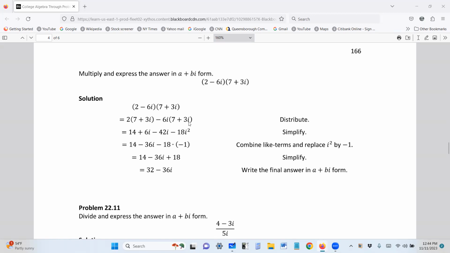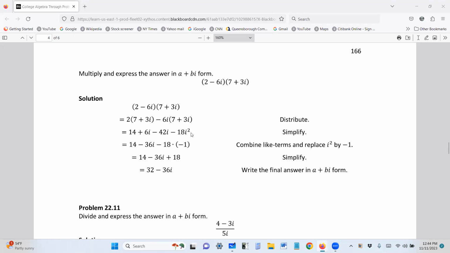And the last one is the most important multiplication, because just like if I had 6x and 3x, I would get 18x squared, in here I'm getting the minus 18i squared. And here is the issue that you have to remember when you're doing complex numbers. You're going to combine like terms as before, right? The 6i and the minus 42i will give you minus 36i.